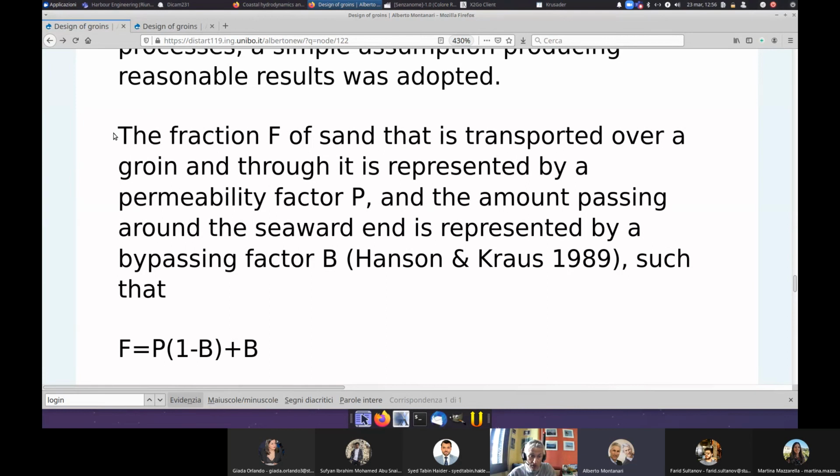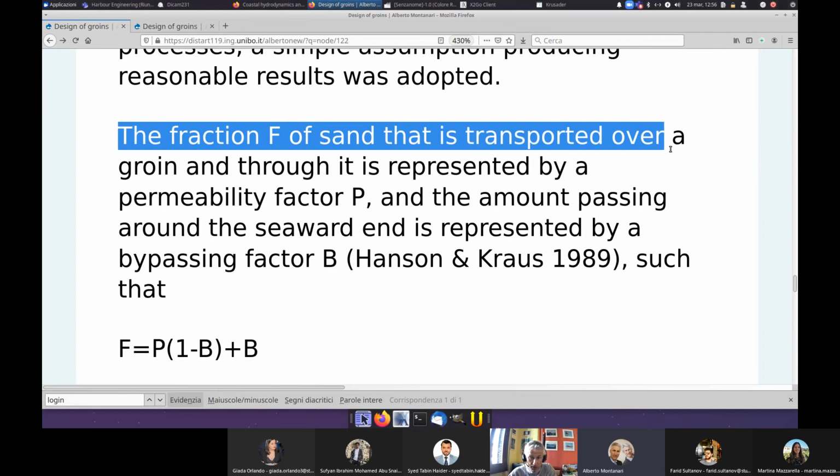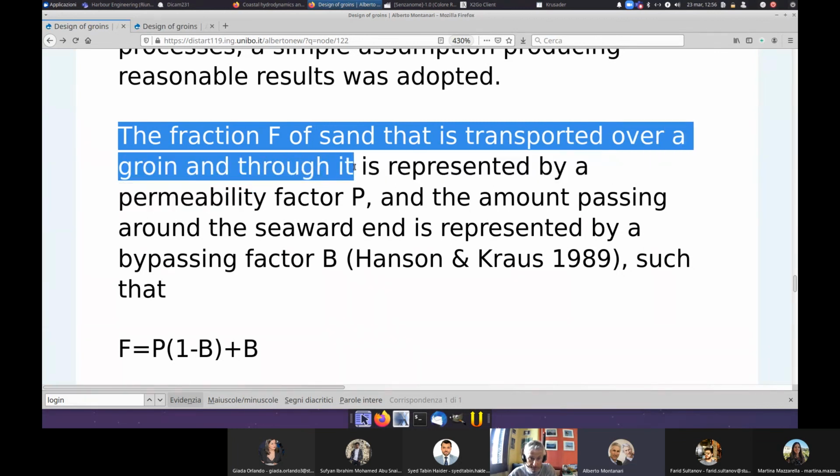This is an empirical formulation that allows you to estimate the fraction F of sand that is transported over a groin and through it. Over a groin and through it means taking into account the effect of bypass and permeability, okay?